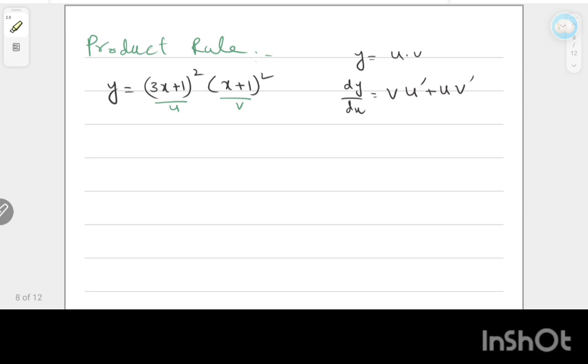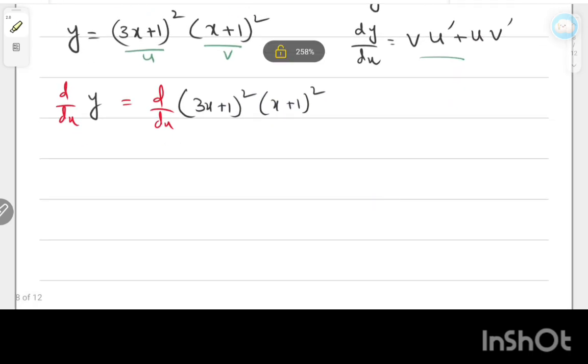Now we put these values in the equation. We take the derivative both sides, d over dx, so y is (3x plus 1) square times (x plus 1) square.